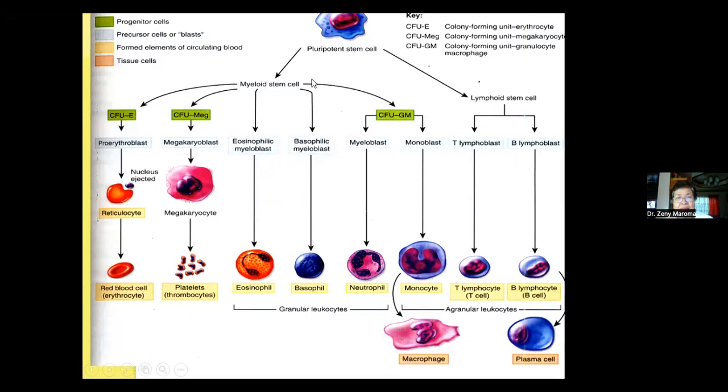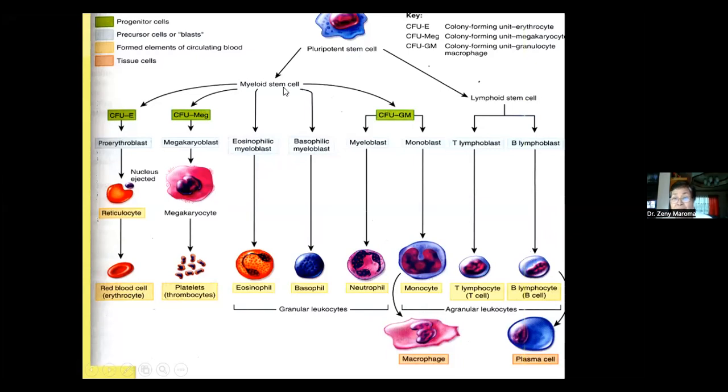Okay, so the myeloid stem cell will proliferate, will differentiate, and grow into pro-erythroblast, reticulocyte, at siya yung magiging erythrocyte or RBC. The myeloid stem cell will also proliferate and differentiate into megakaryoblast, megakaryocytes, and platelets or thrombocytes.